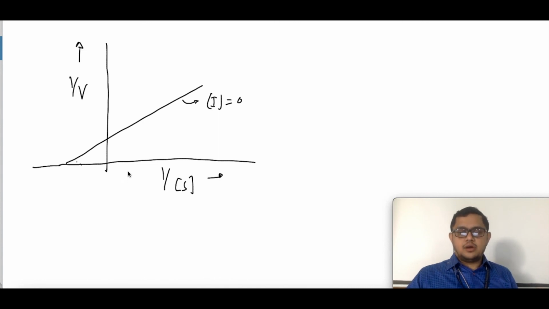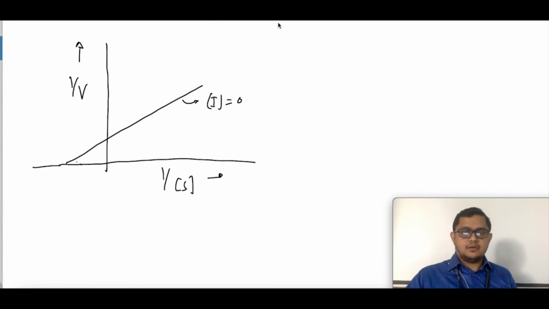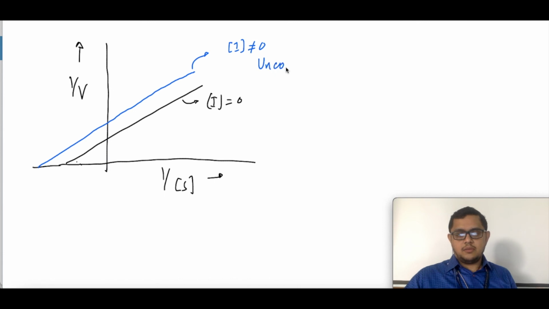According to the uncompetitive inhibitor, we know that both Vm and Km are decreased by a factor of 1 plus I by Ki. So if I am drawing a graph for the uncompetitive inhibitor, you will get a line like this. So you have I, and this is the uncompetitive inhibitor.